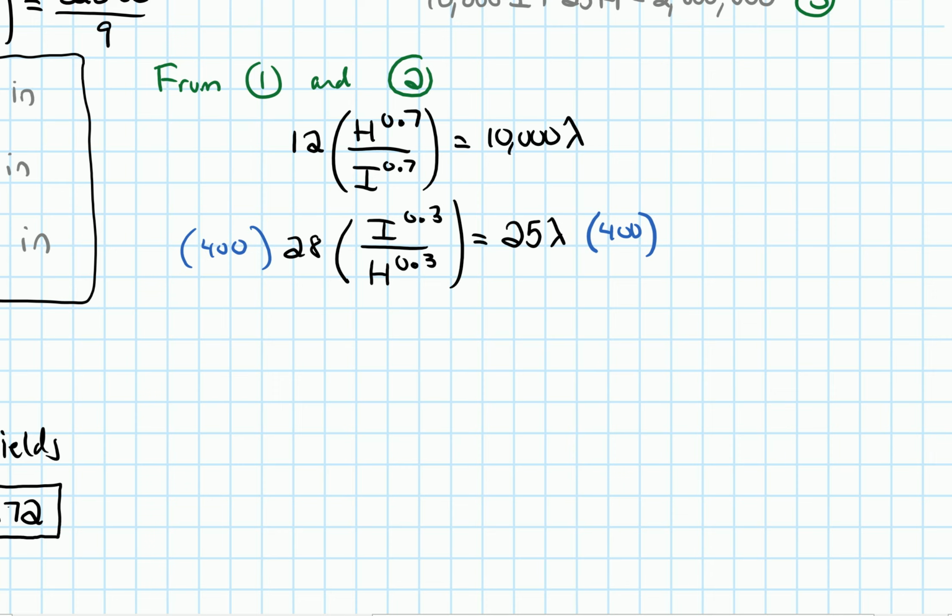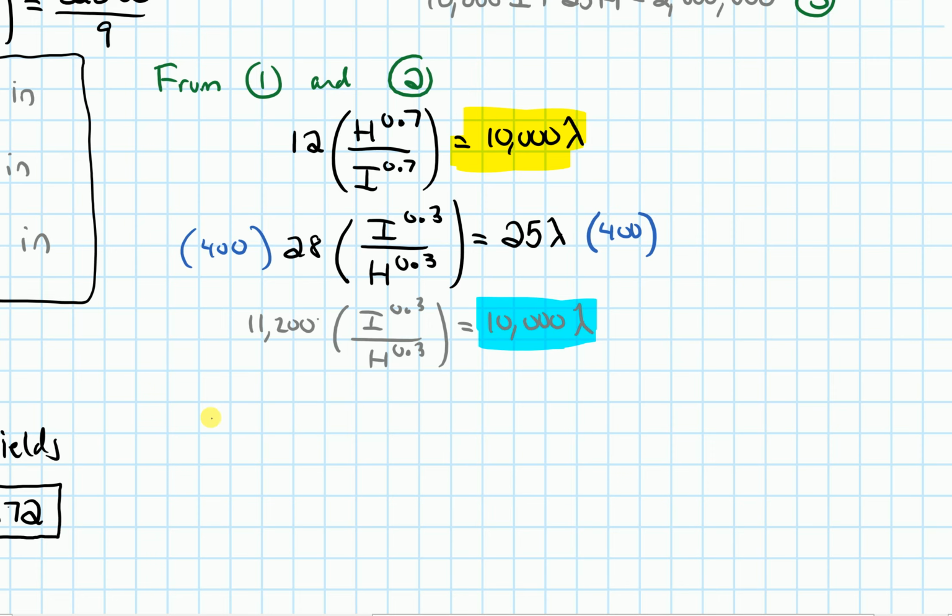That gives us 11,200 times I to the 0.3 over h to the 0.3 equals 10,000 lambda. That's what my second equation becomes. Now we have this first expression for what 10,000 lambda equals and this second expression for what 10,000 lambda equals, so we can set those equal.